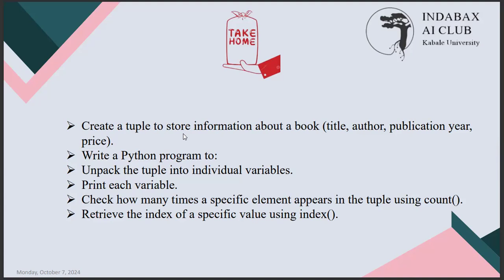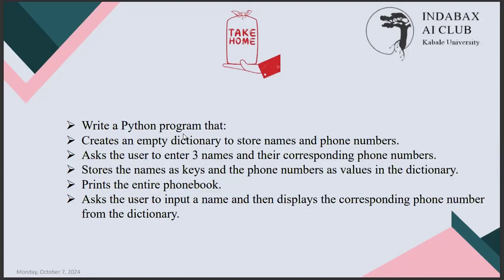Then you will print each variable and check how many times a specific element appears in the tuple using the count method. Here I gave you even what to use. That's very bad. Then you retrieve the index of a specific value using the index method. Oh, why did I give you this? But then it is fine. This must be very simple for everyone to come up with.